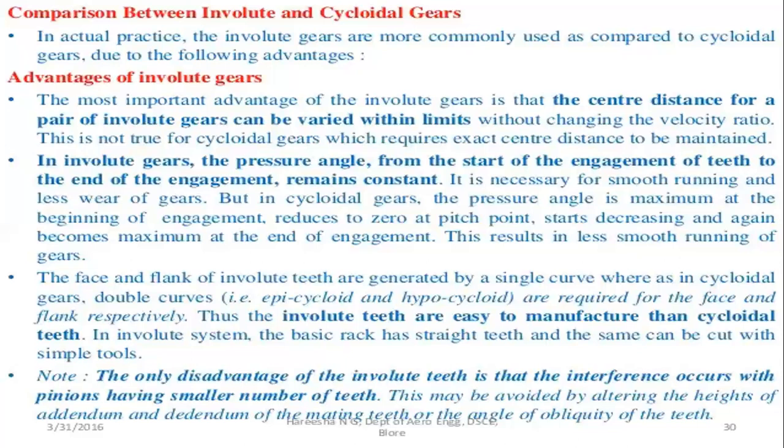We have already seen in the earlier slides that the cycloidal curves need two types of curves, the epicycloid and the hypocycloid curves. So two curves are required, which is called double curves. Thus, the involute teeth are very easy to manufacture compared to the cycloidal. So that is also one of the good advantages.